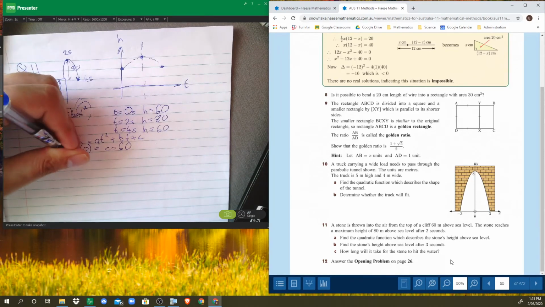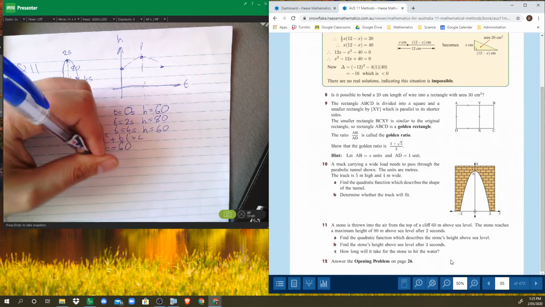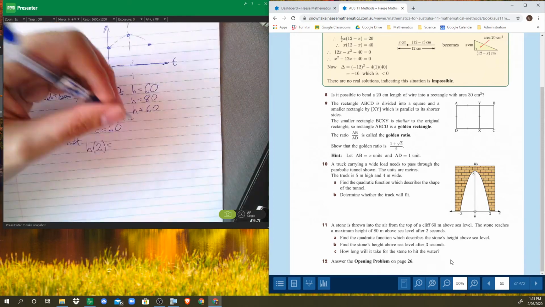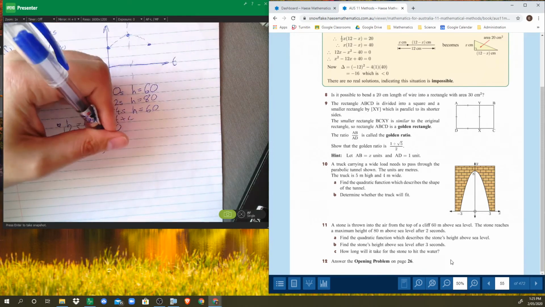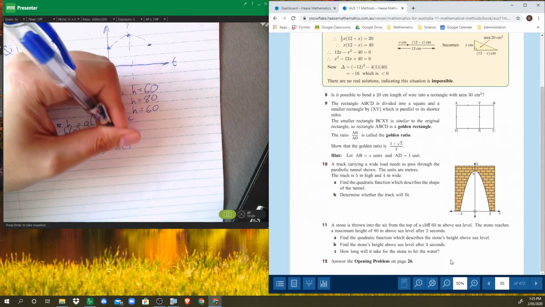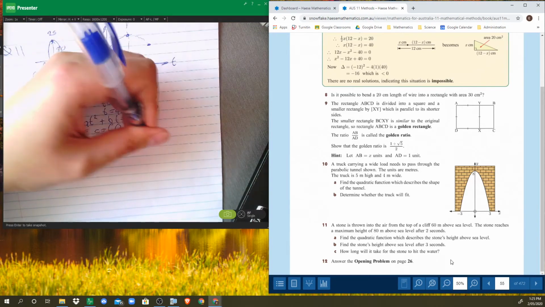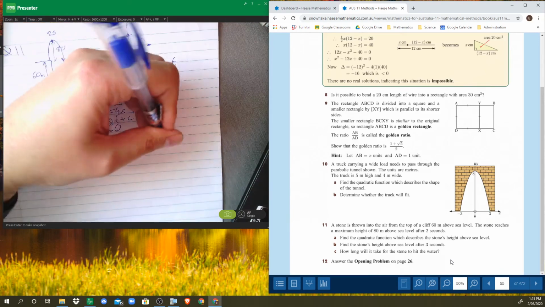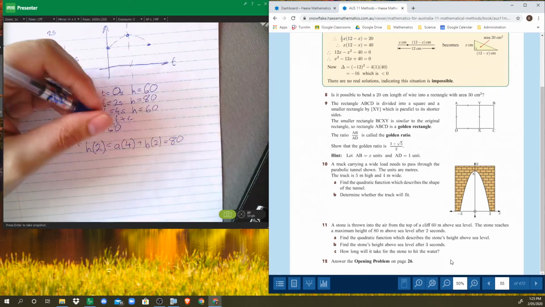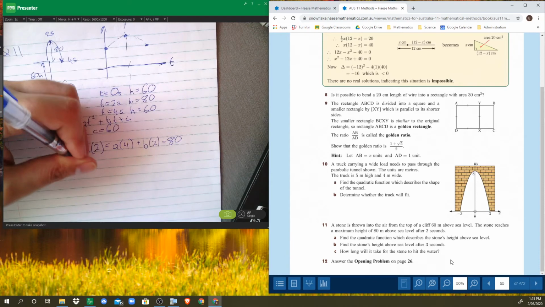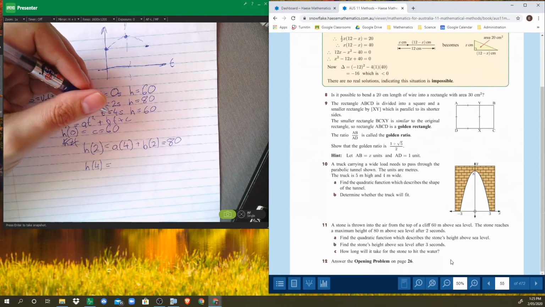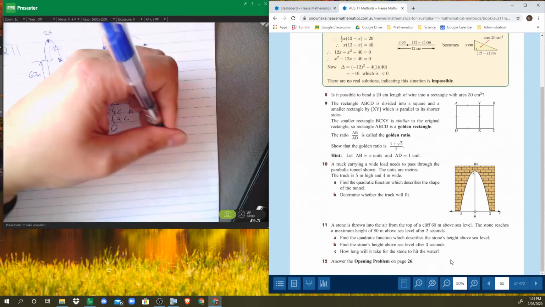When t equals 2, I'm writing h as a function of t, h is 2. We have a times 2 squared, which is 4a, plus b times 2 equals 80. Oh, sorry, I forgot the 60.